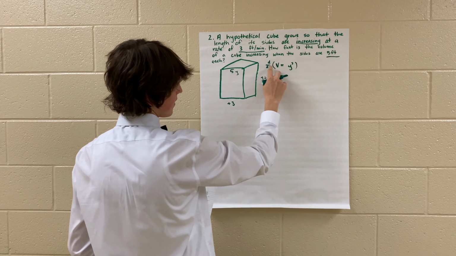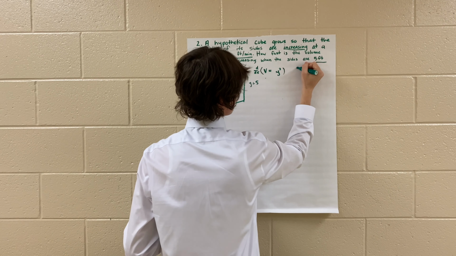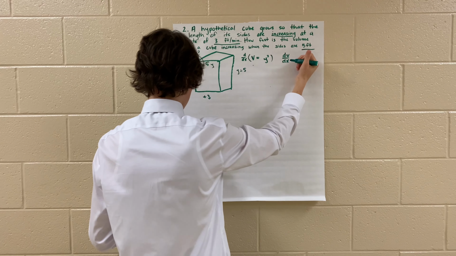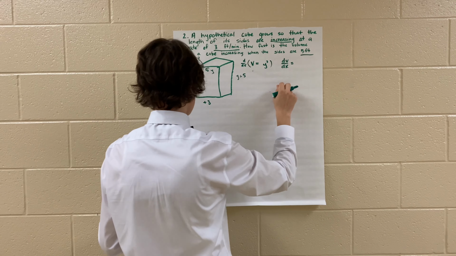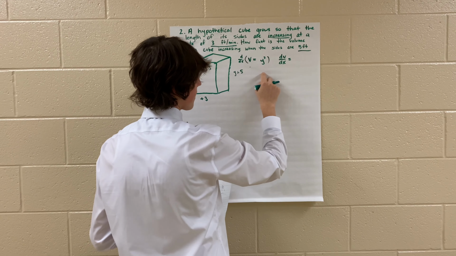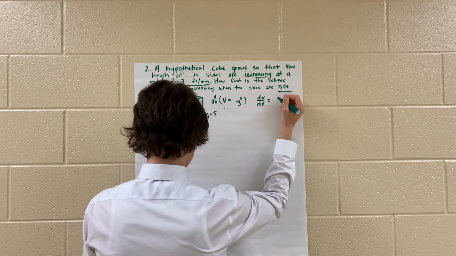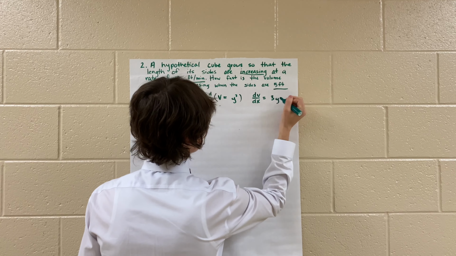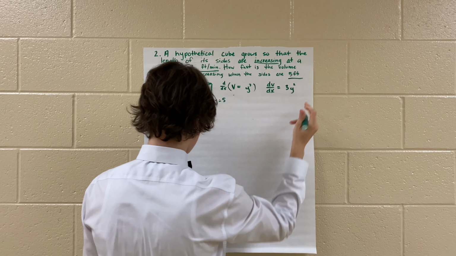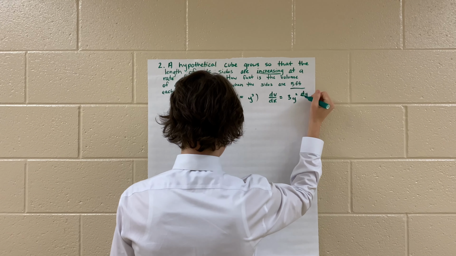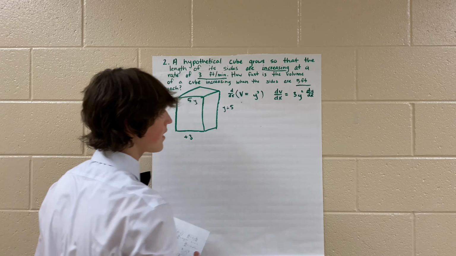And then since we have different variables, we're going to combine them: dV over dx equals, okay, so then you use the power rule here, and you'll have 3y, subtracting that exponent by 1 to get y squared, and then you have to put dy over dx after that.